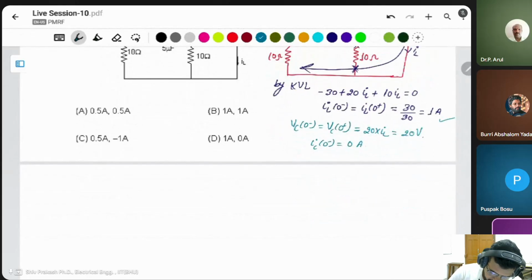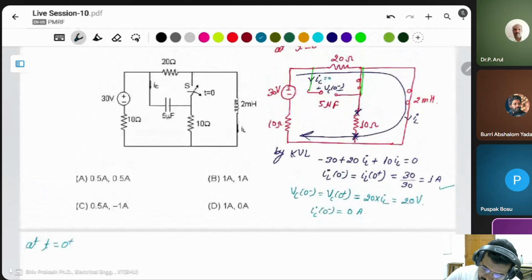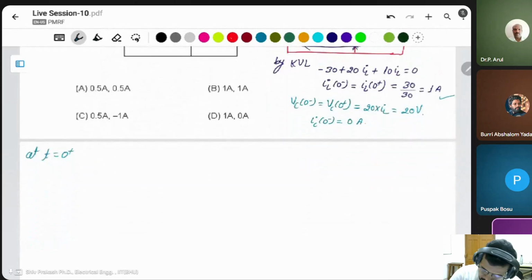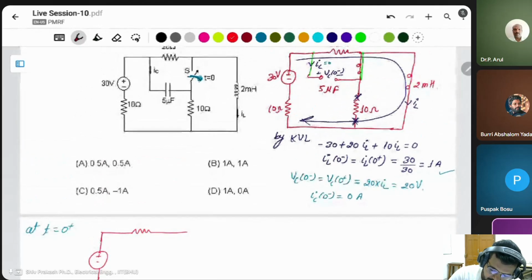Then you have to make a circuit at t equal to 0 plus. What is the circuit? This will be an open circuit in this condition. It means the circuit is closed like from this one.